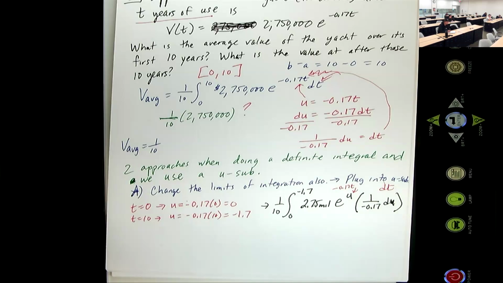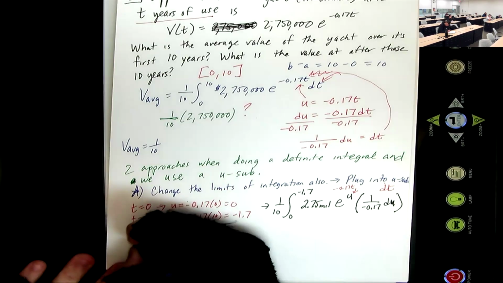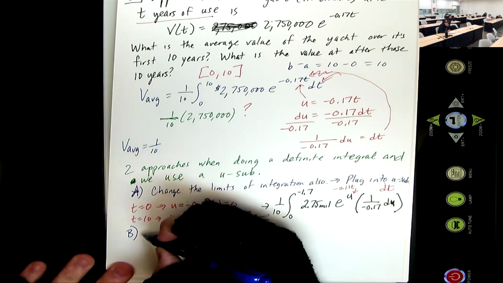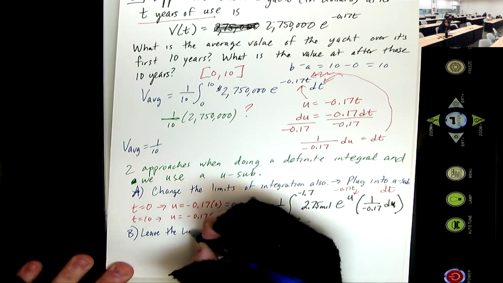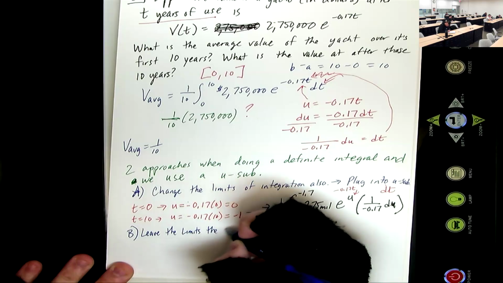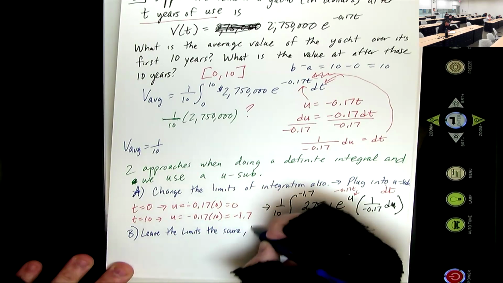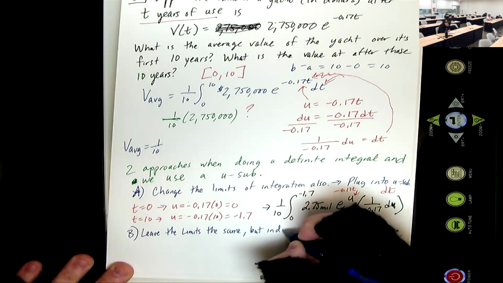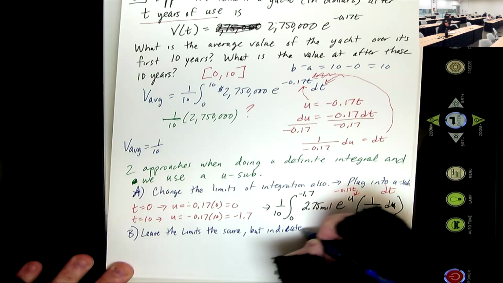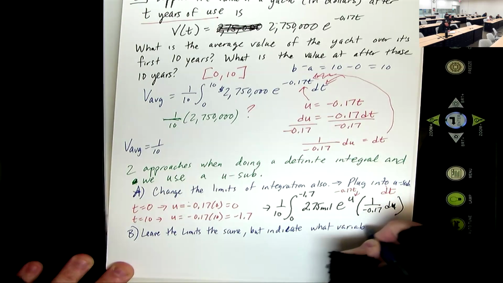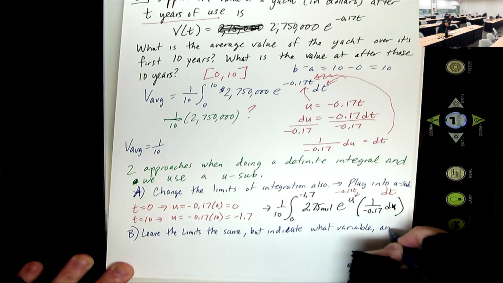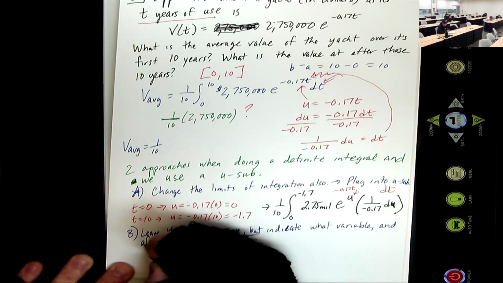The other option is to leave the limits the same, but indicate what variable they are. And after integrating, you have to substitute back.